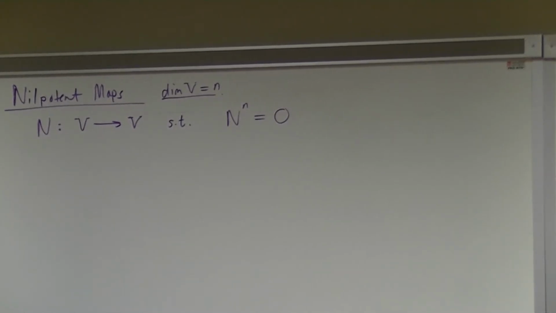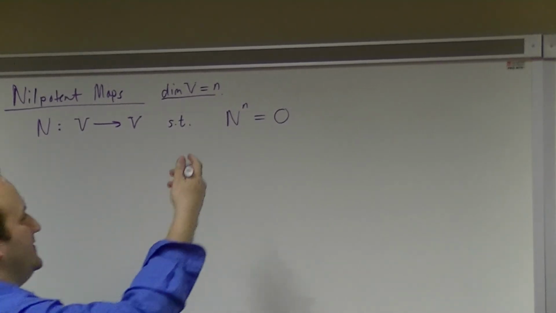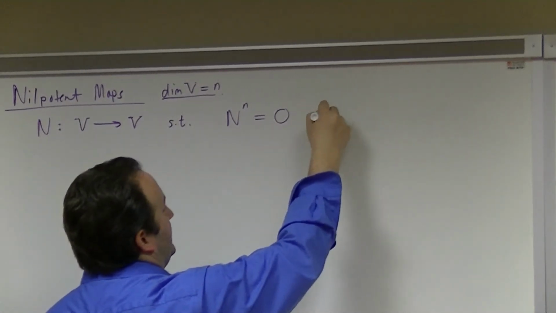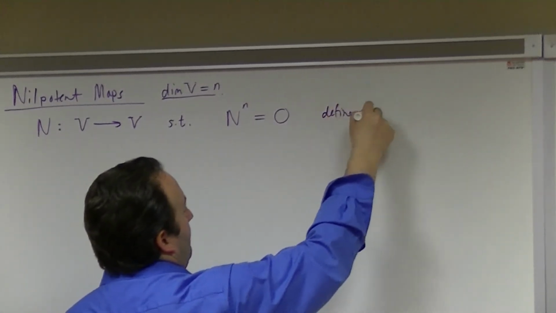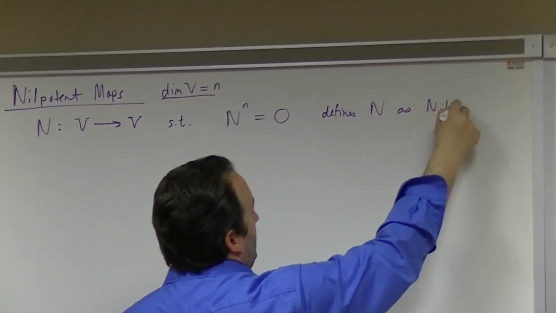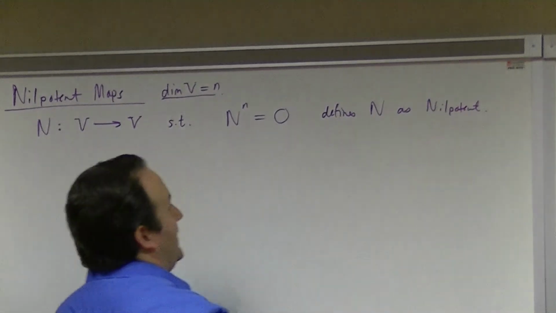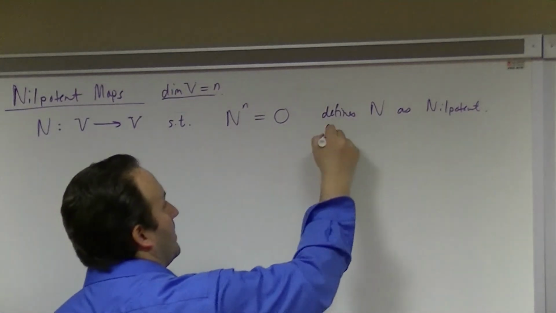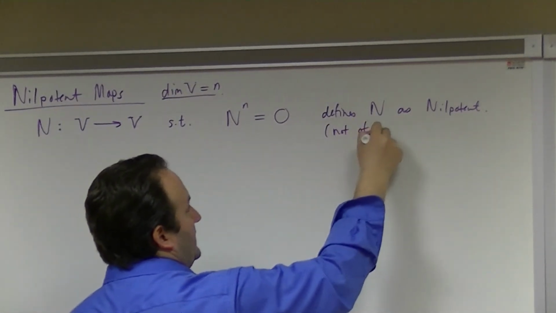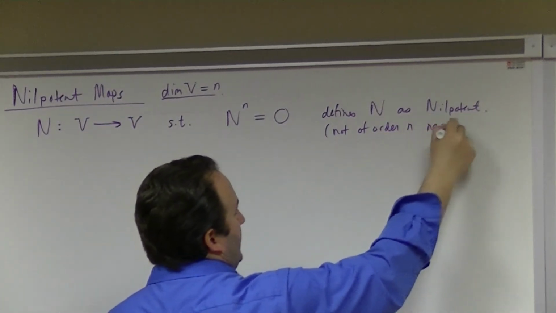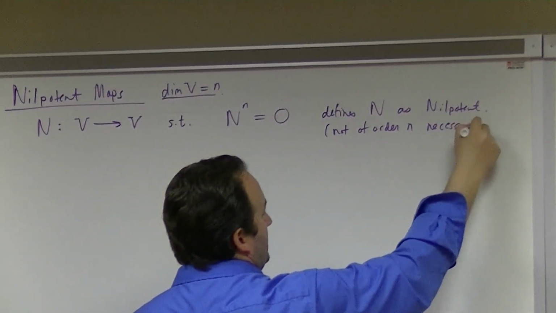You can assume that for us is the definition of N being nilpotent. However, I would caution you, not of order n. I've defined for you before the idea of nilpotent of order, for example, 2.